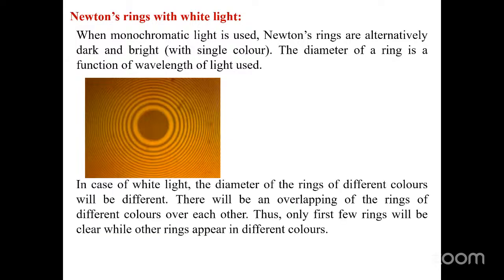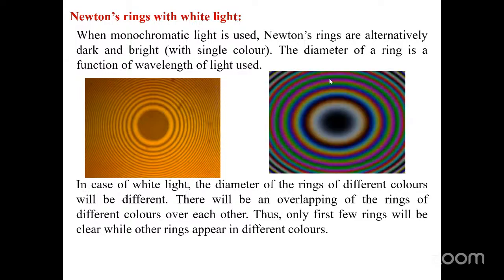In case of white light, different colors will be in different positions. Why? Because white means a combination of 7 colors. So there will be overlapping of the rings with the different colors over each other, so that the first few rings will be clear while other rings appear in different colors.